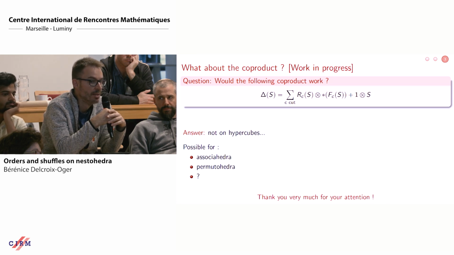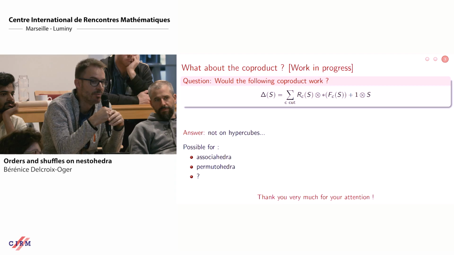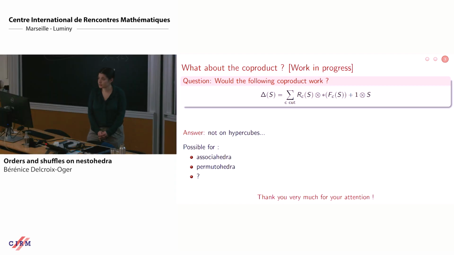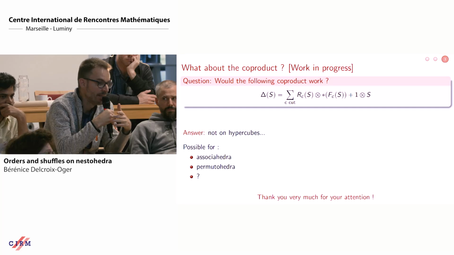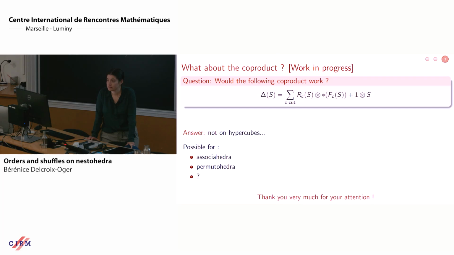So it's not exactly what you drew there, so I wanted to ask whether you tried this natural order. This order that I just defined is actually the Ronco-Palacios order on the associahedron and on the permutohedrons. It's not the one you used here, apparently, because this is not on the square. So did you try this one I defined on nestohedra, or did it behave poorly?